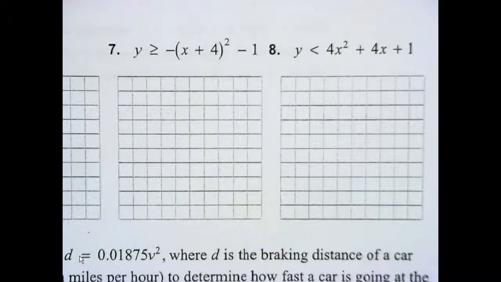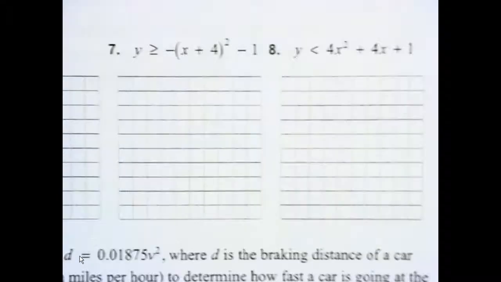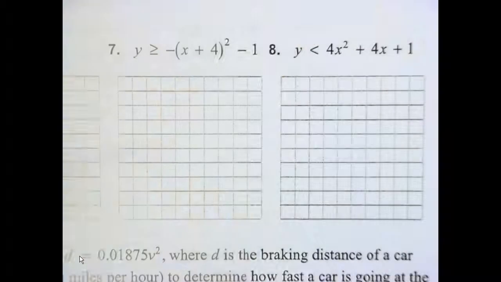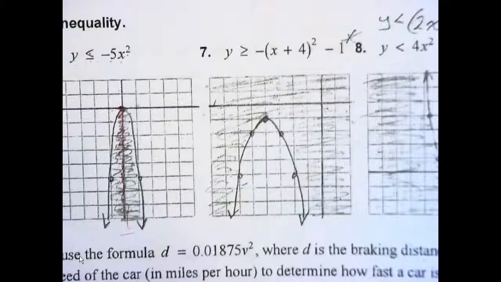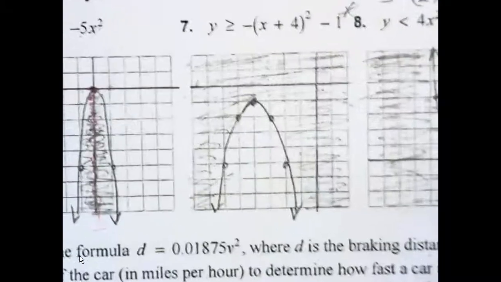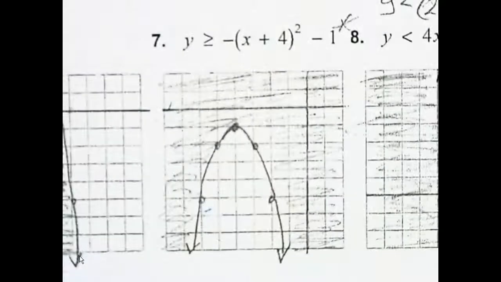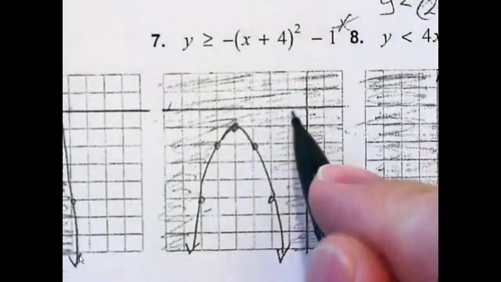It really is interesting as I walk around to see where everyone's put their axes. So, remember your graph might look a little shifted compared to mine on number 7, just because your axes might be drawn in a different spot. But note that my vertex is at 1, 2, 3, 4, -1.